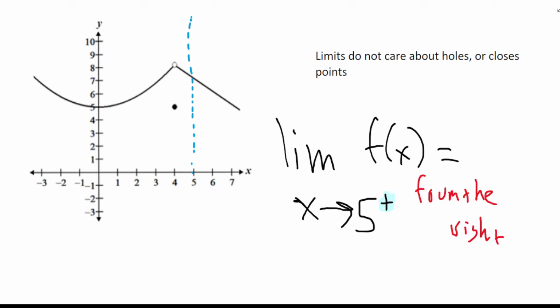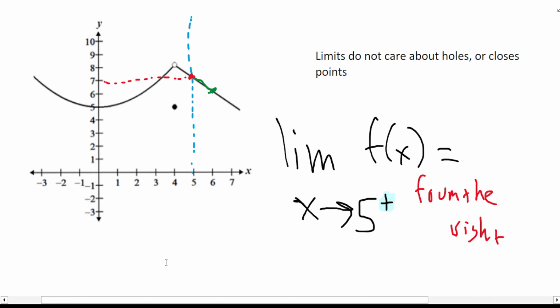When we're doing this, you don't need to start all the way at the end of the function. What I typically do is just go one away from 5, so in this case, 6. And I just follow this line until I hit x equals 5. Now we're at this red dot here.